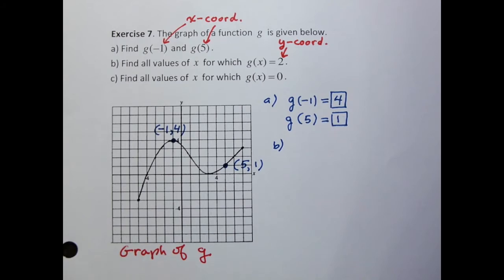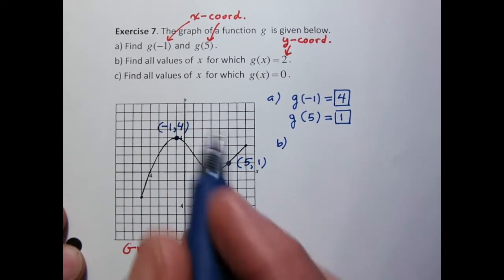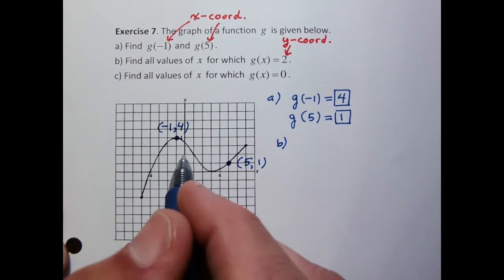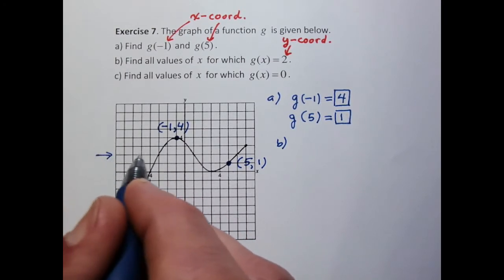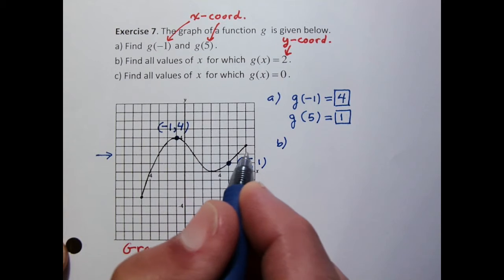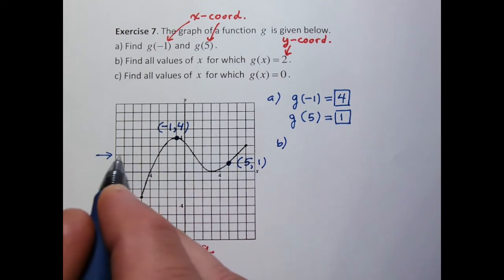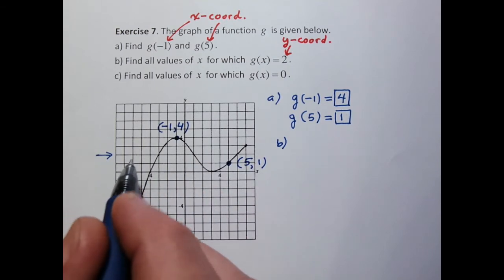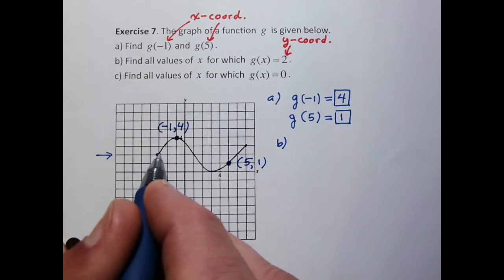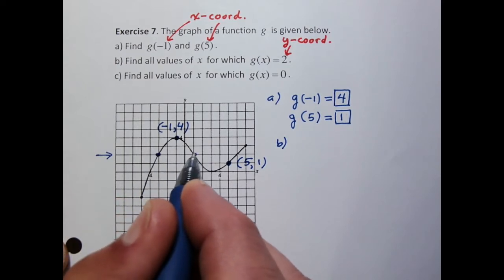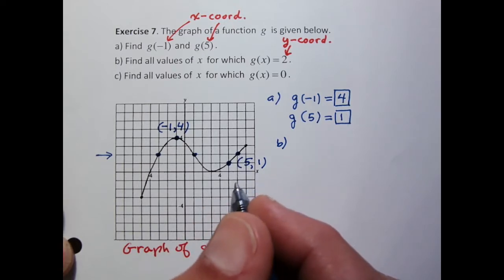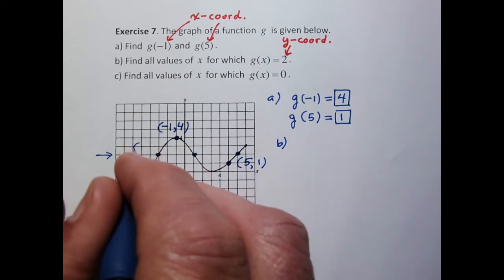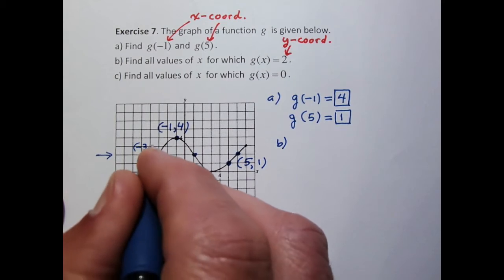So let's see, when y is 2 on this graph, we're looking along a horizontal line like so, because those are all the points with y coordinate 2. We touch the graph here, we touch the graph here, and actually we touch the graph again at a third point. I have -3, 2.